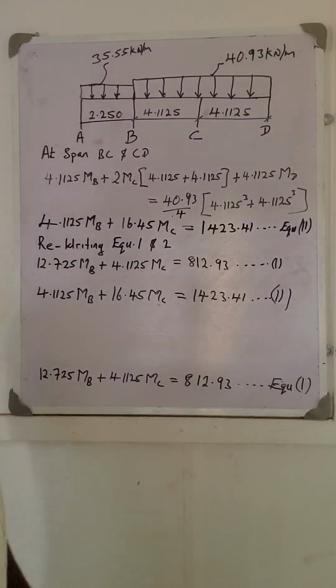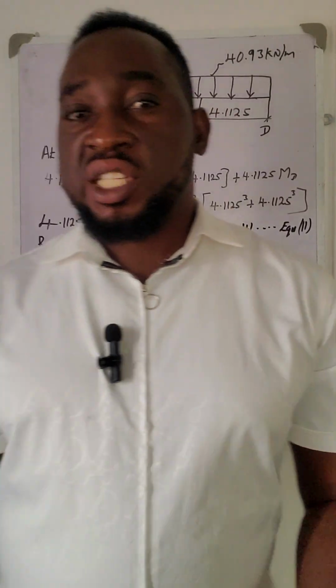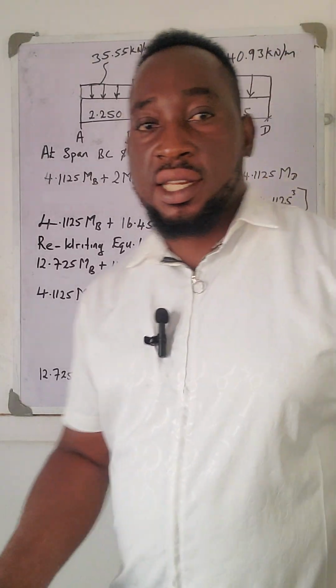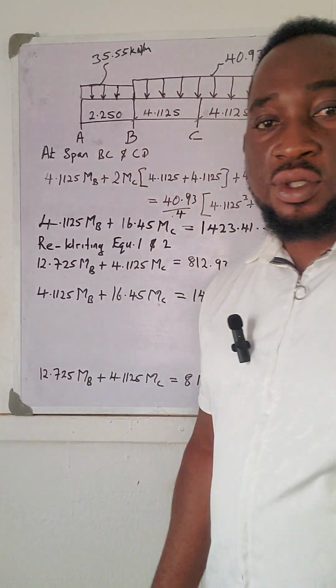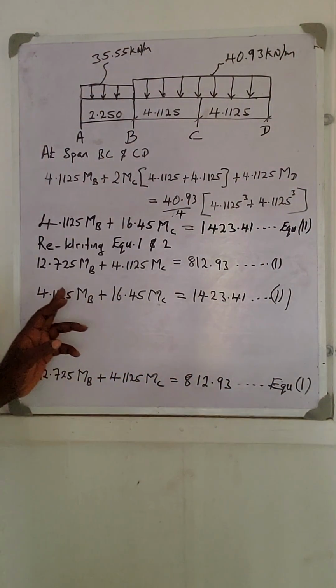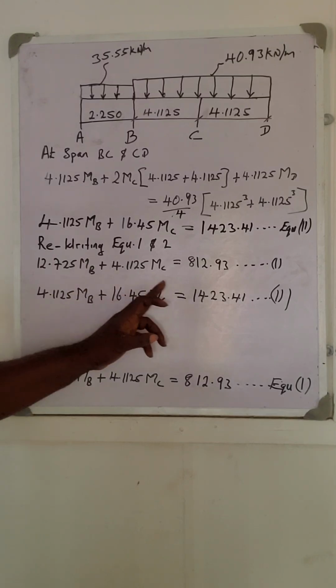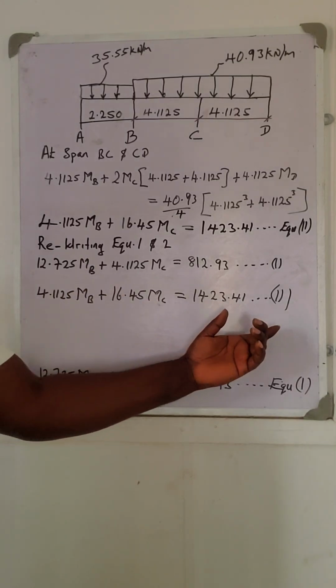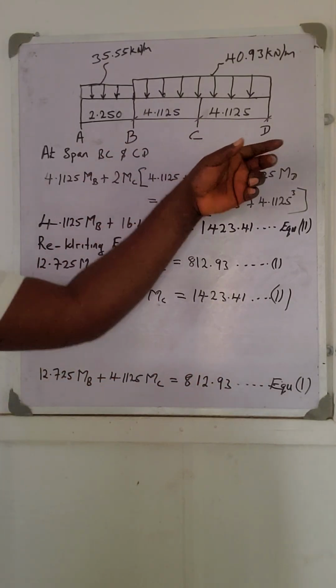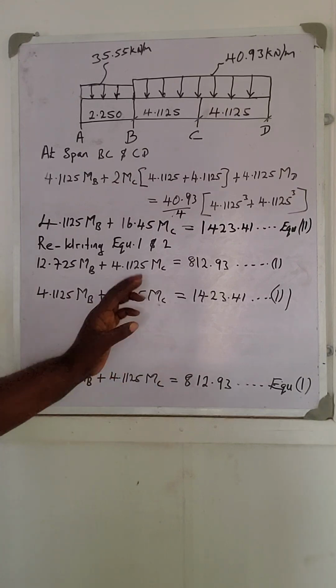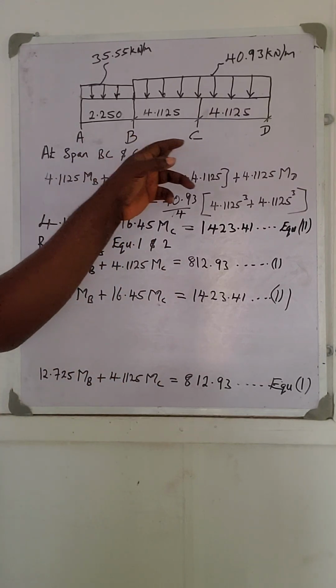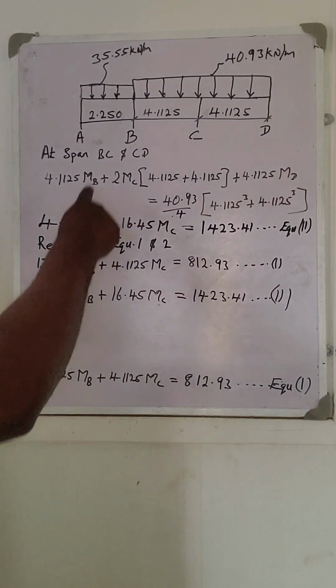Then in our next class, please, it's becoming too long. So in our next class, we'll solve for the moments at the supports, then the moments at the span as well. This is how to get your moment using the three moment equation.